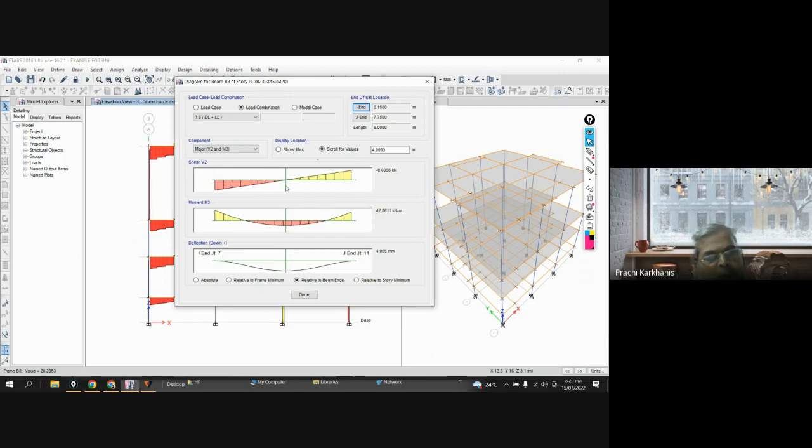And if you go on right side, it is saying that you are getting shear force as 61.07. And if I draw it on this side, you will see that it is showing you negative. And on right side, it is showing you positive.